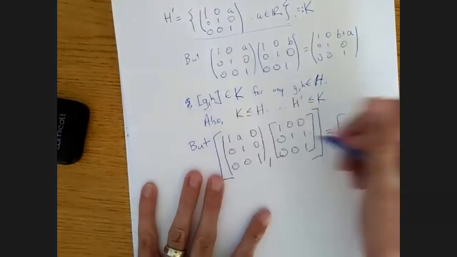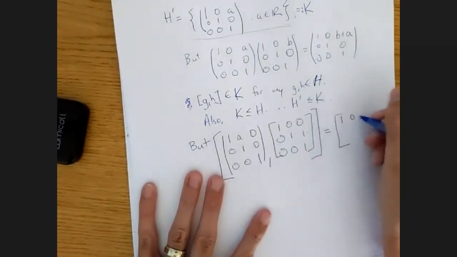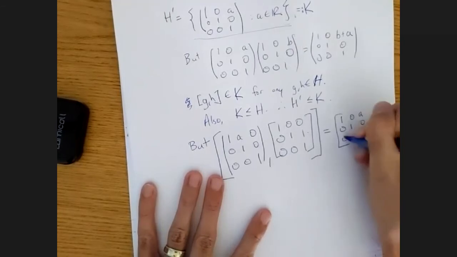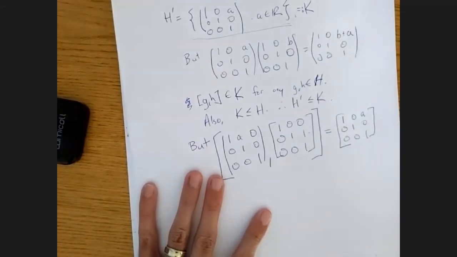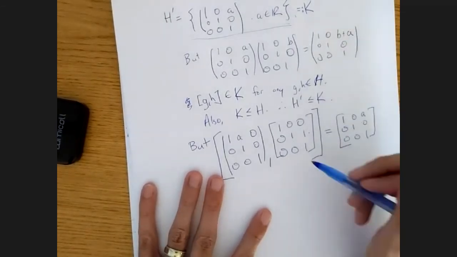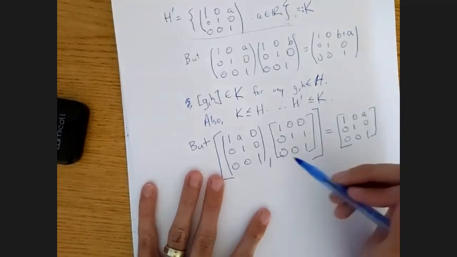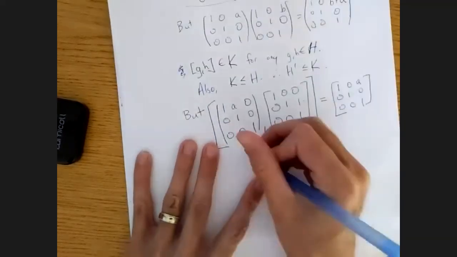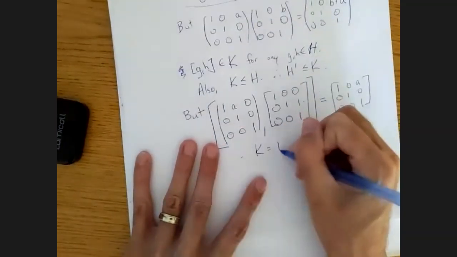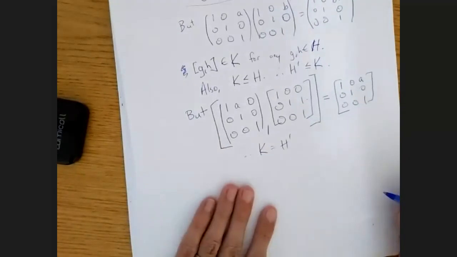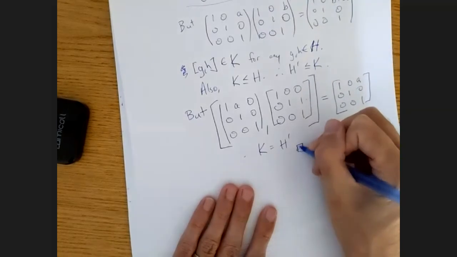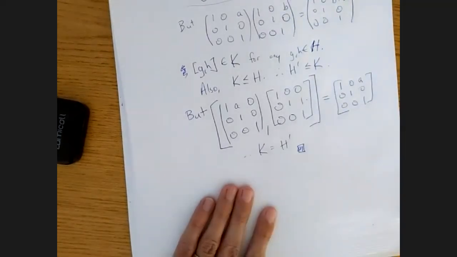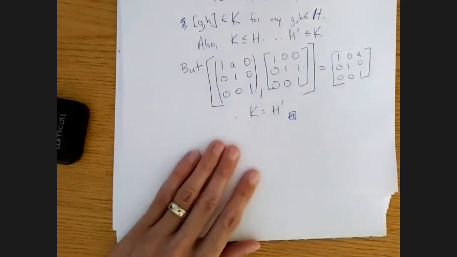So that would be A times 1. So it should be like this. Okay, so this tells me that any element of K is a commutator, and K is the set of all the commutators. So therefore, K is equal to H prime. Okay. So we have computed the commutator subgroup of H.